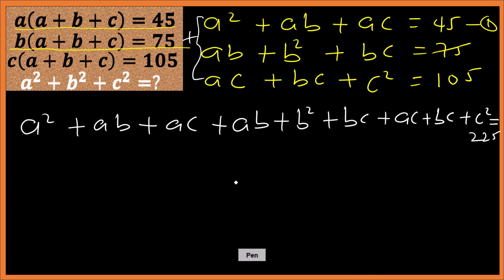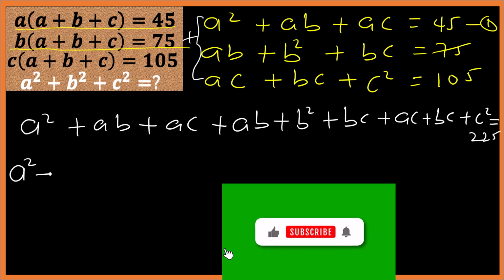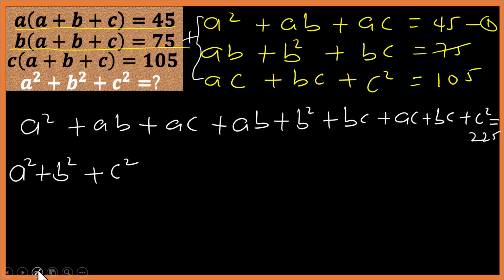Now let's arrange this well. Our target is a squared, b squared, and c squared, so let's bring them out: a squared plus b squared plus c squared. Good. Now let's observe something. We have ac, so that would be plus 2ac.